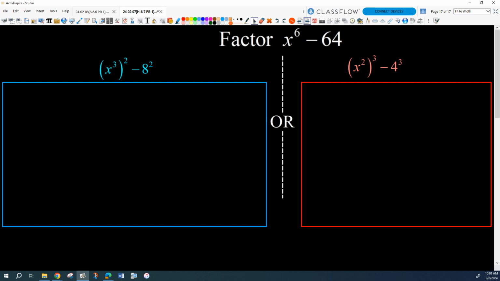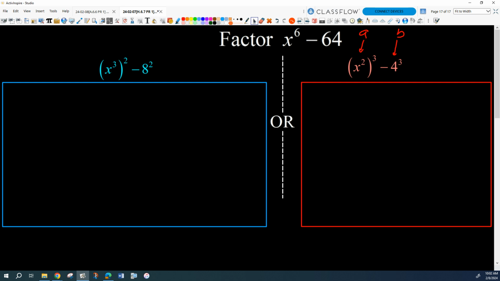What if we start off with a difference of cubes pattern? a cubed minus b cubed is a minus b times a squared plus ab plus b squared, where a is x squared and b is 4.